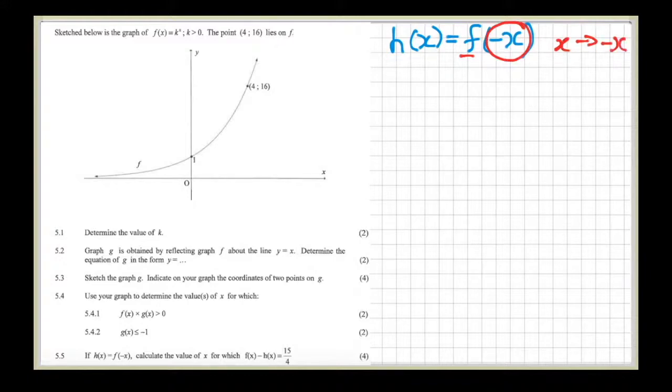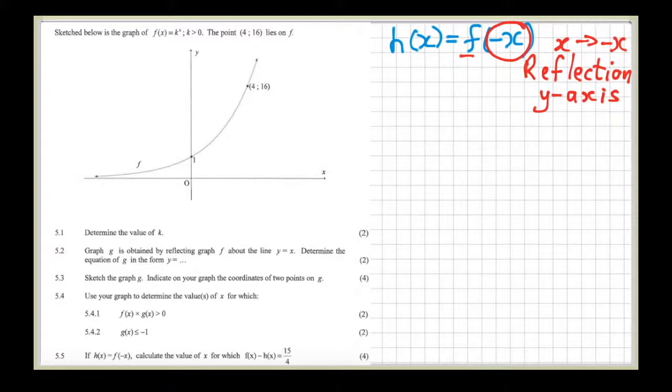Which means, if I go back to my theory, that it is a reflection in the y-axis. There we go. I just like to do that because no matter what they then ask me, maybe they ask me an interpretive question, but then I look at my graph. It's not going to make much of a difference.